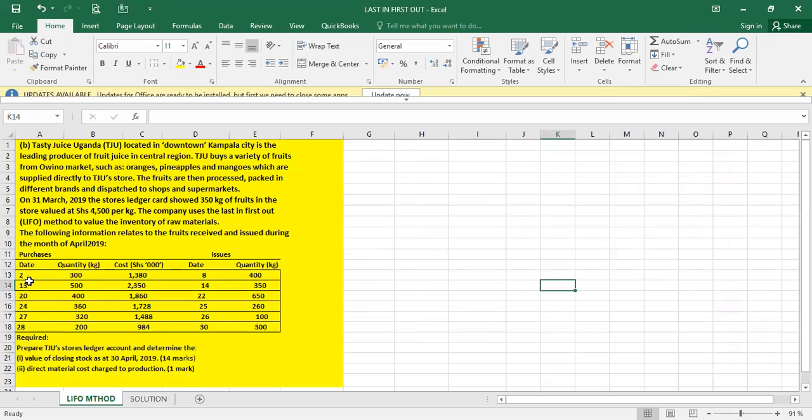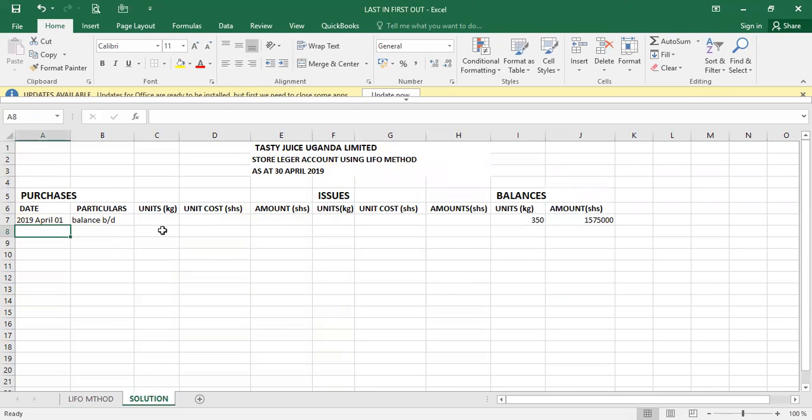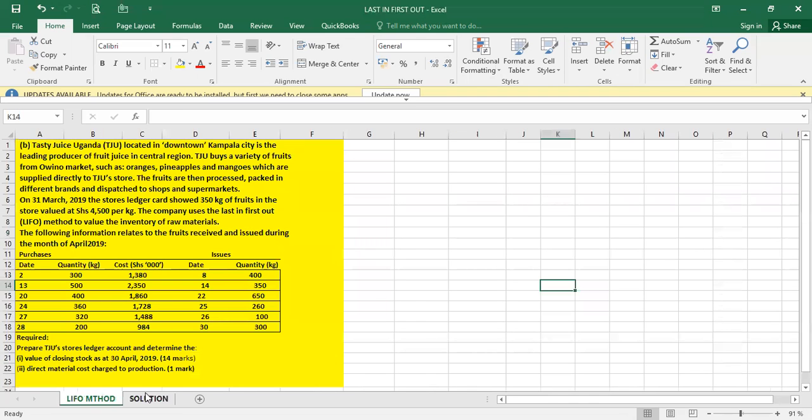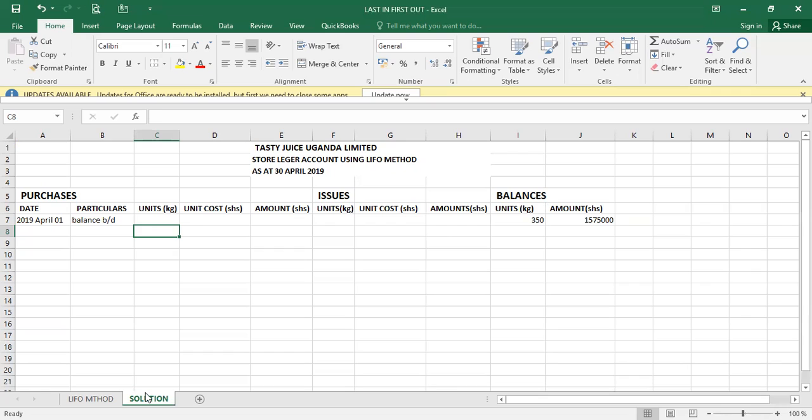We go to our table. The table says on second, we purchased quantity. We bought 300 units at a total cost of 1,380,000. We are buying the units, 300 units at a total cost of 1,380,000.